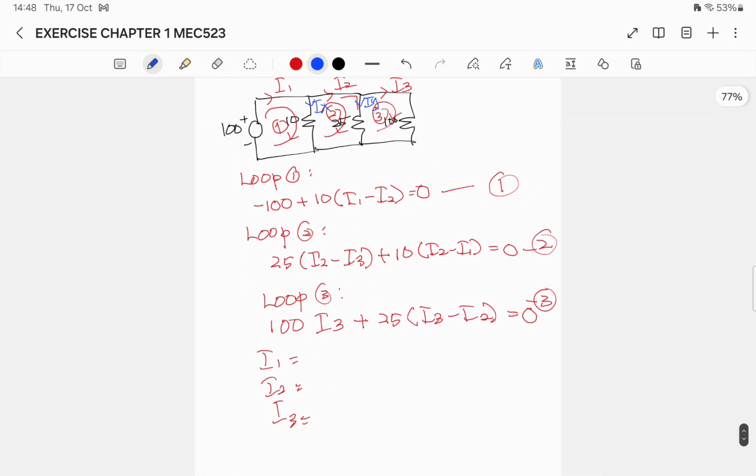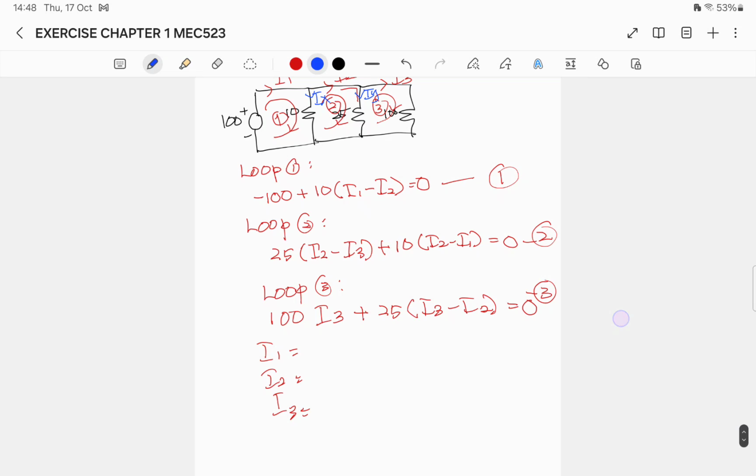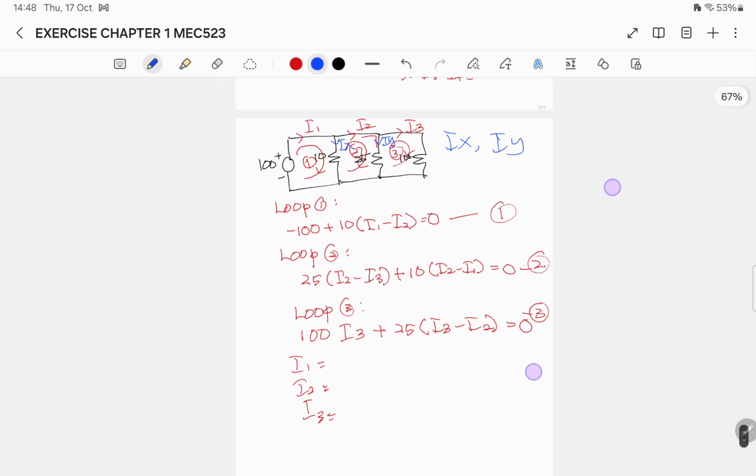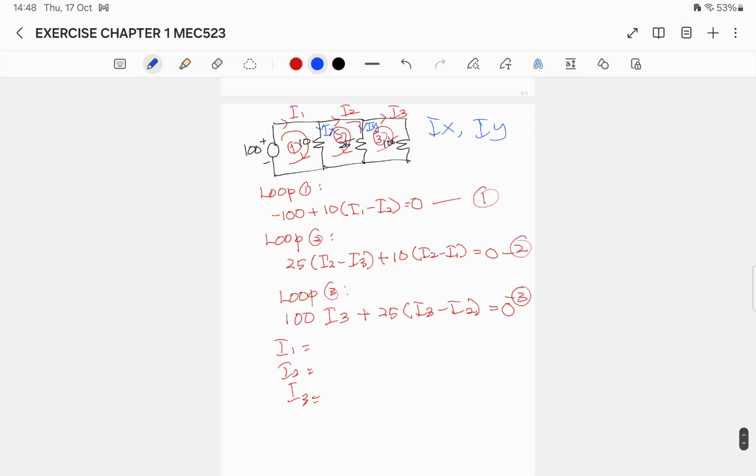So tolong dapatkan value kejap. Susun dulu, lepas tu masukkan in the calculator. Saya tak perlu tunjukkan how to susun. As long as you susun betul lah. Kalau I1 kat depan, I2 the second variable. Boleh? Dapatkan sekejap value dia I1, I2 and I3. Saya nak tunjuk for IX and IY. Siapa ada dapat, please bagi tahu.